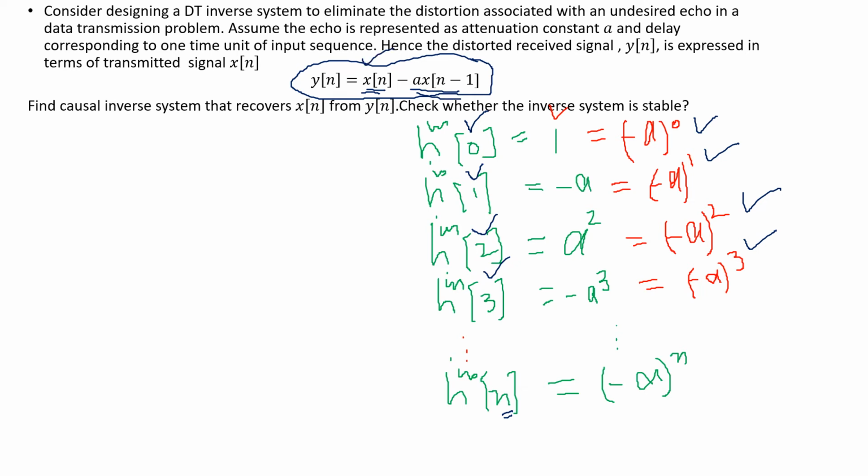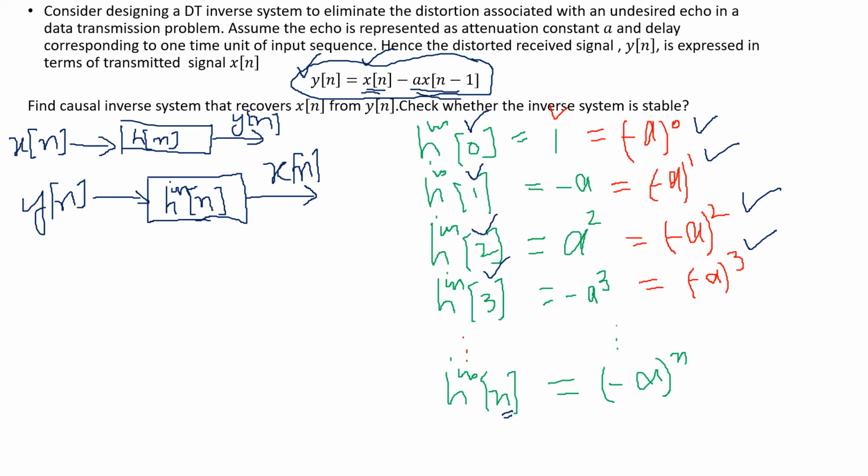So if we receive the signal and give it to some inverse system, originally we had this signal and we wanted to transmit it, but due to the multipath the original signal cannot be received at the receive end. At the receive end we receive y of n.